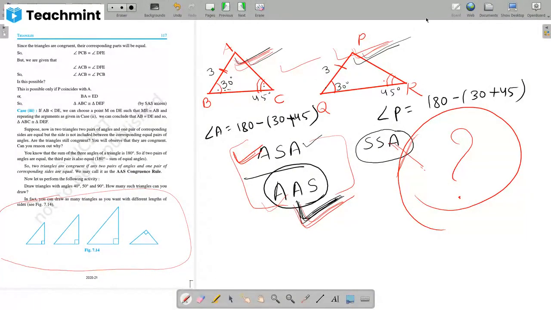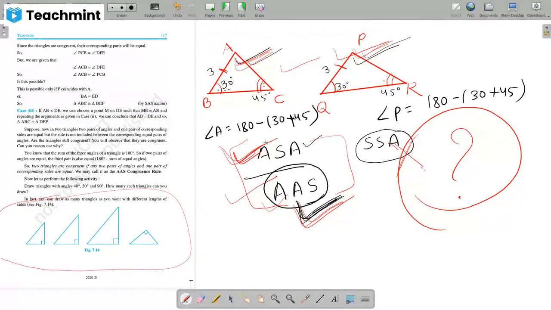Okay, ma'am. But in a question, why do so much hard work? If we are given these two angles and this side, you directly use angle angle side because this is also one of the criteria. Or if you want, you can also find the third angle and use the angle side angle congruency criteria. Now it's up to you.